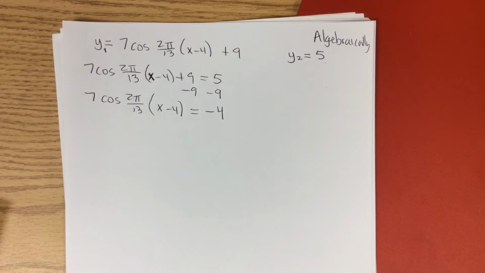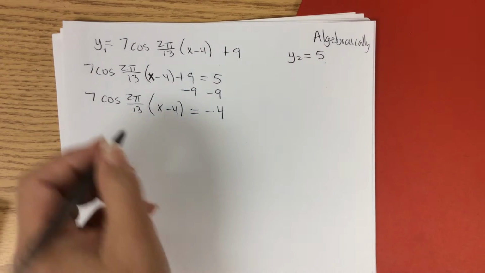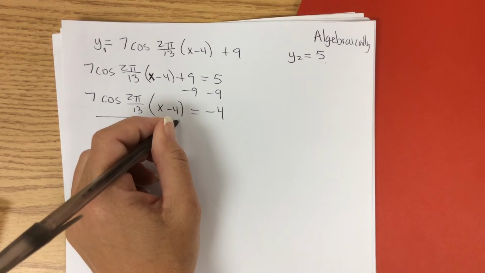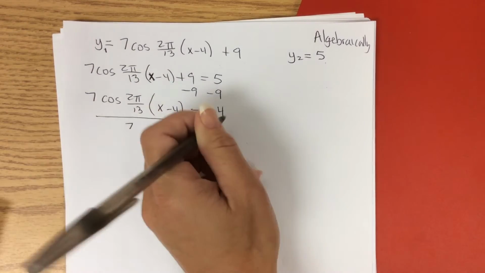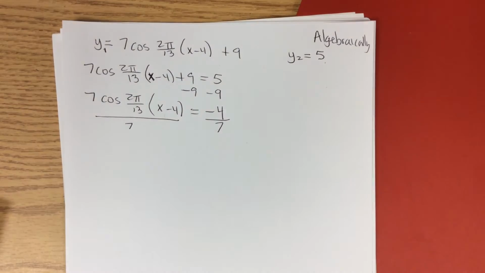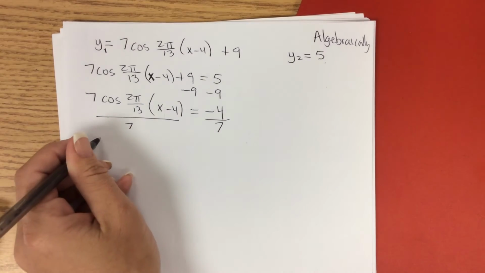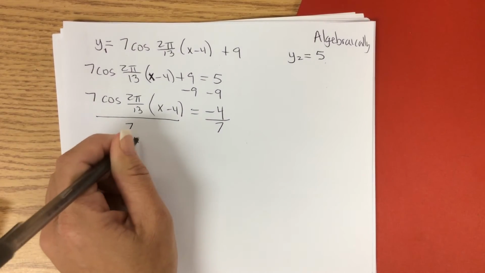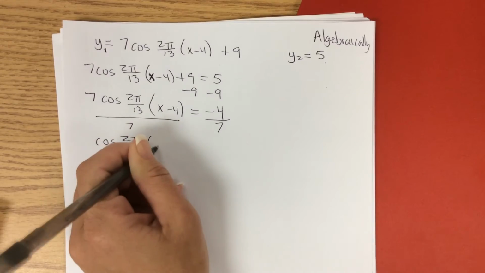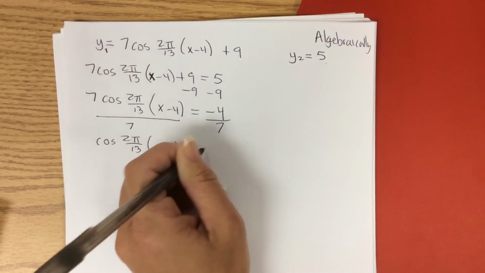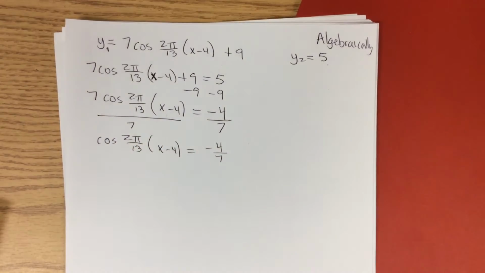The second step would be divide by 7. I was going to say distribute. No, don't distribute a thing. All you're doing is undoing, undoing, undoing. Now you get cosine of 2 pi over 13 times (x minus 4) equals -4/7.